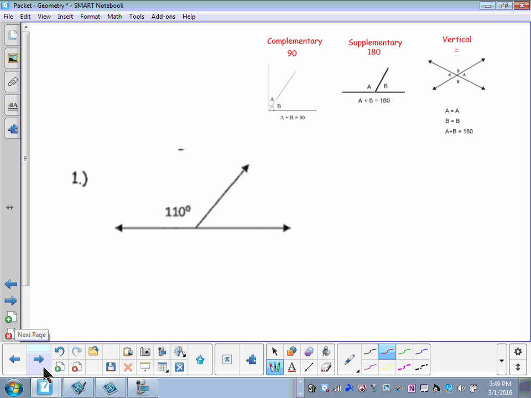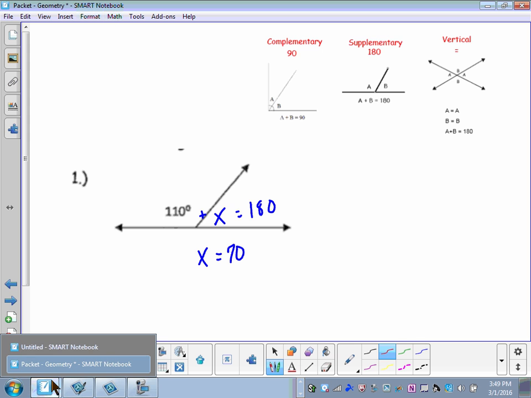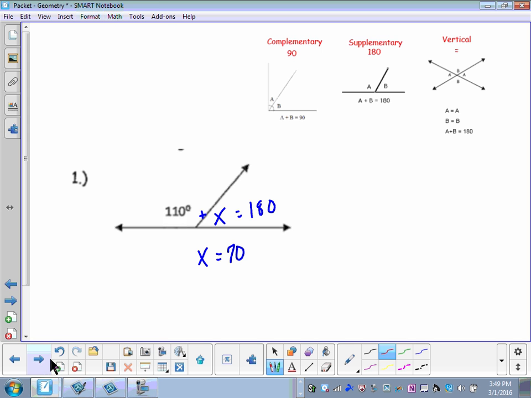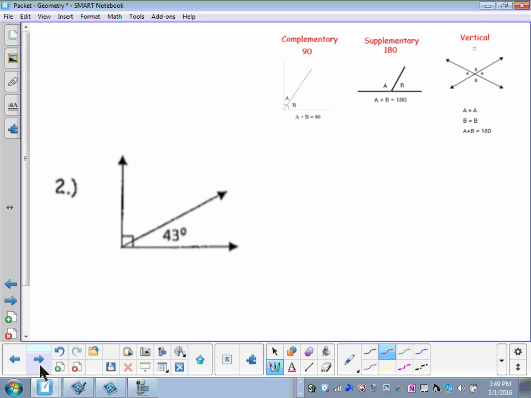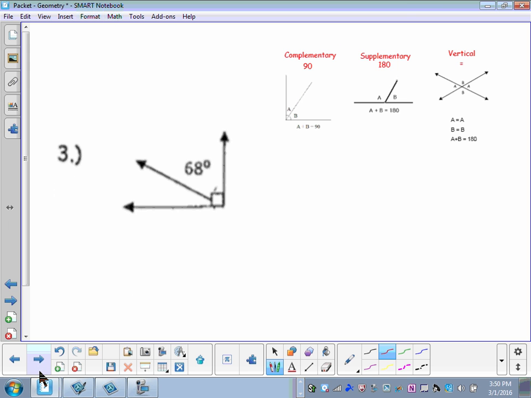So go ahead and solve number 1. Number 2. Number 3.